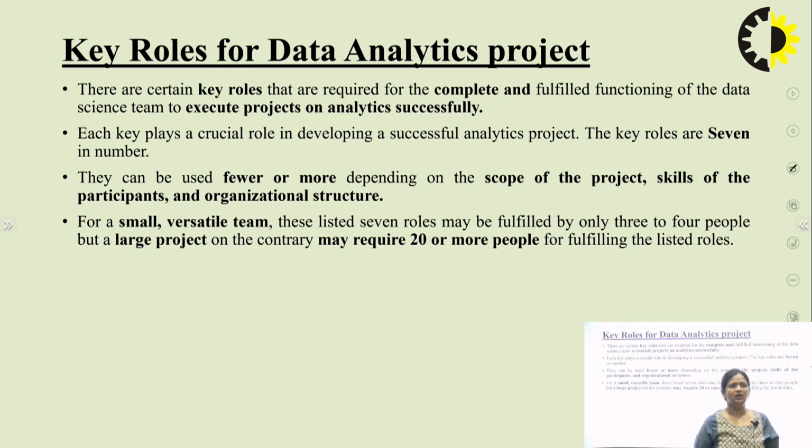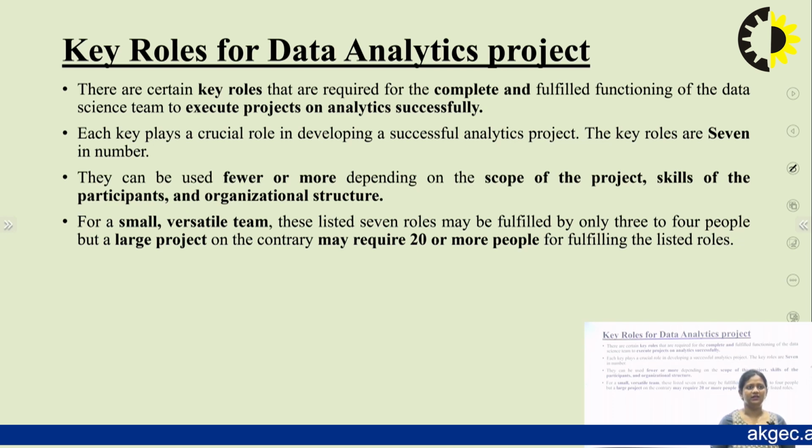For a small or versatile team, these 7 roles may be fulfilled by only 3 to 4 people working across various phases. But in a large project, it may require 10 to 20 people to fulfill the listed roles.